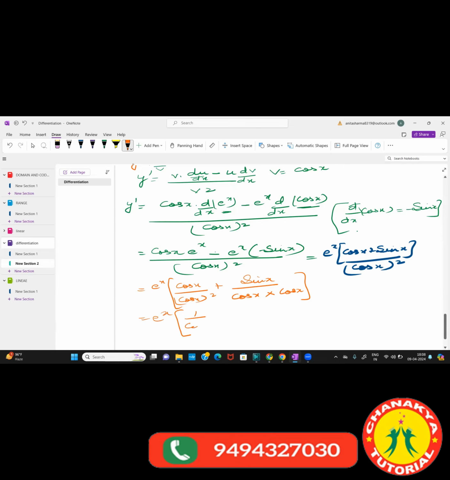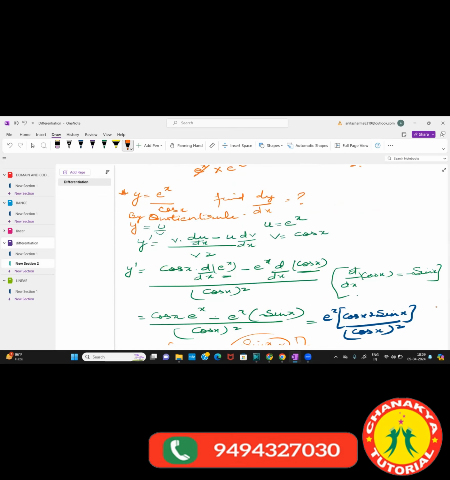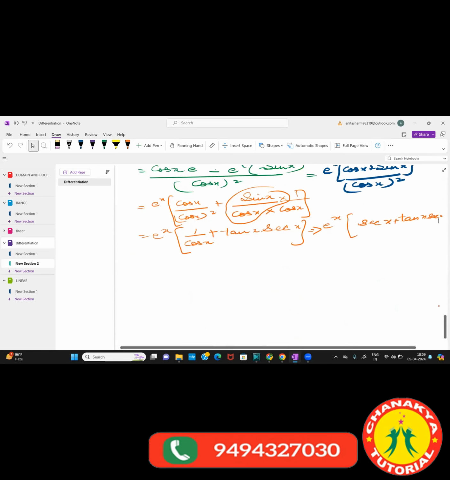Then it will be 1 by cos x plus sin upon cos, and sin upon cos is tan x and 1 upon cos is secant x. Or you can write e to the power x, secant x plus tan x into secant x. Clear, beta? Yes, ma'am.